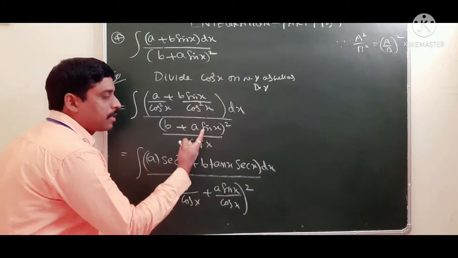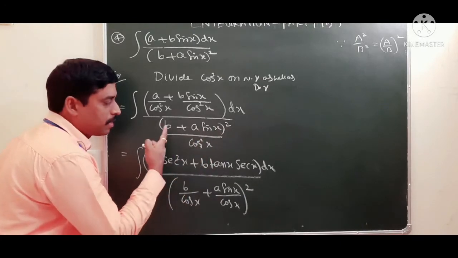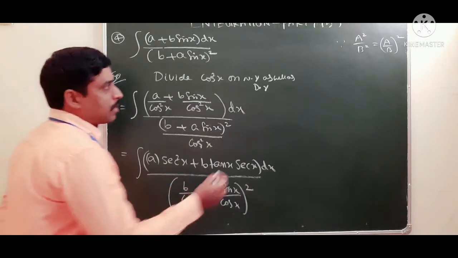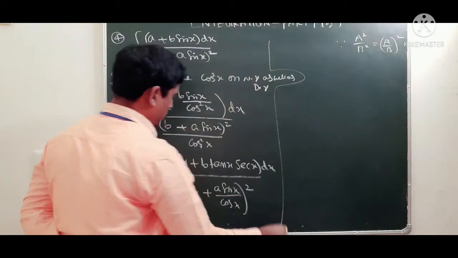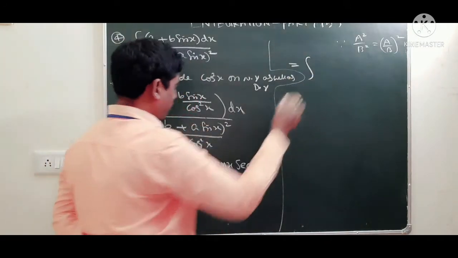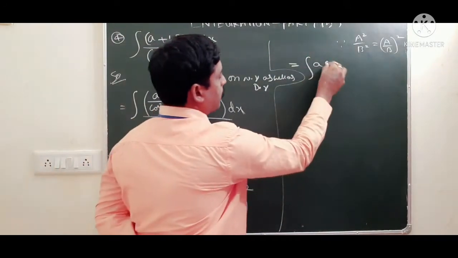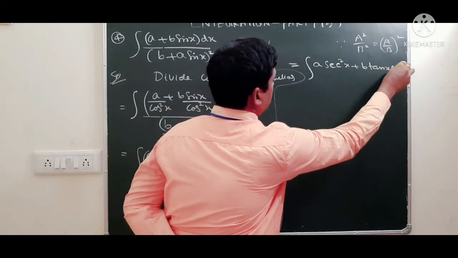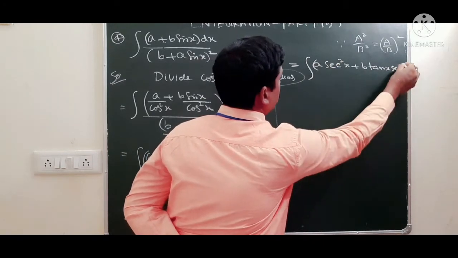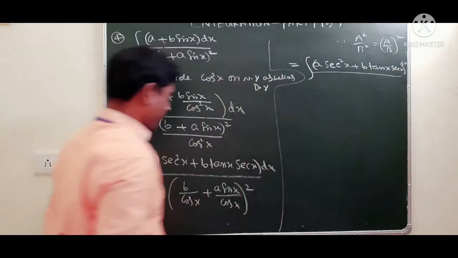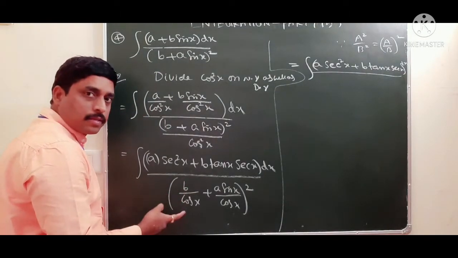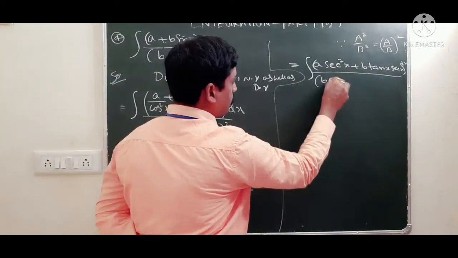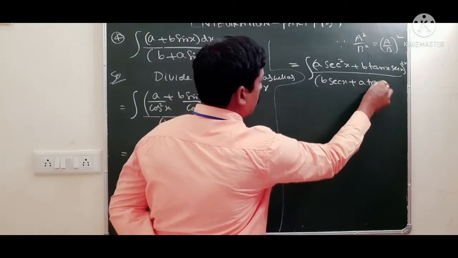So this can be written as integral, as it is, a secant square x plus b tan x into secant x dx, this whole divided by b by cos x, 1 by cos x is secant x, a into sin by cos is tan. So b into secant x plus a into tan x whole square.